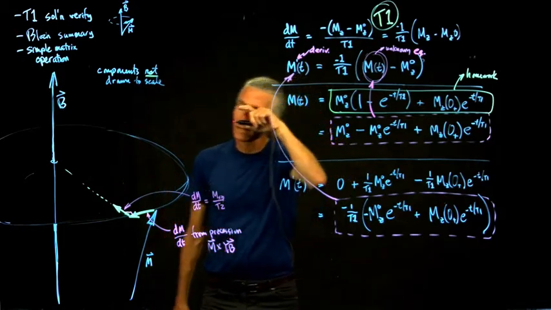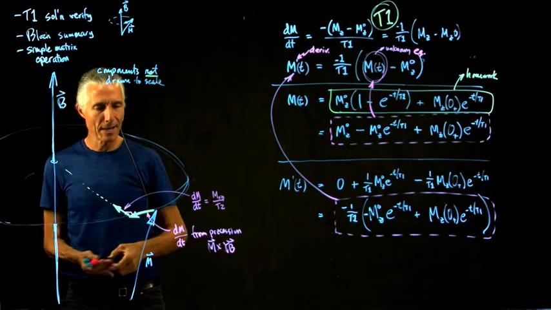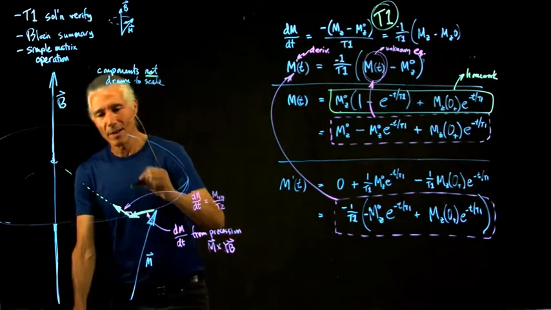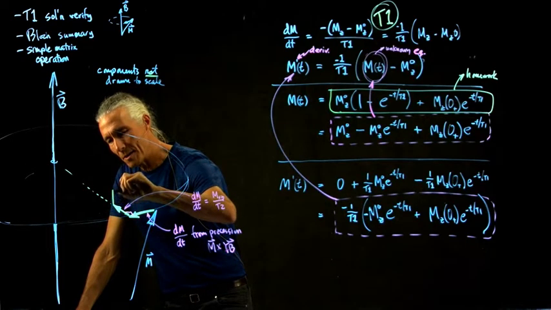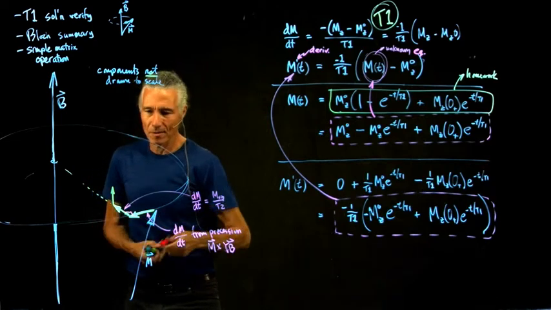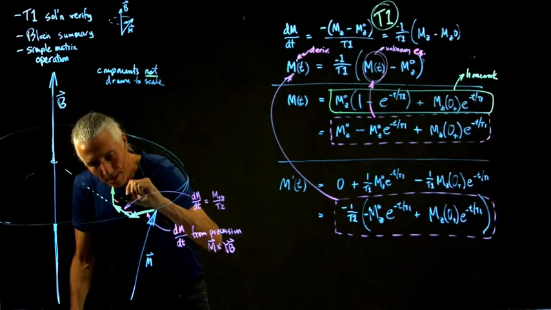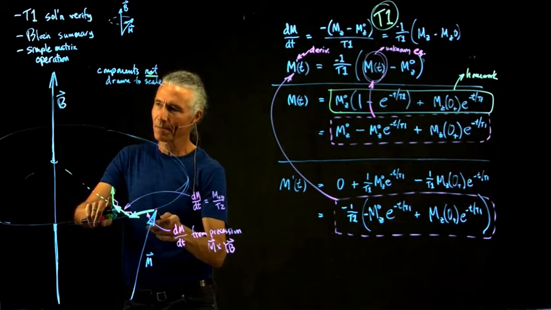So that's the T2 decay that's getting tacked on to the vector. And then last but not least, we have another vector that's perpendicular to both of those two. So that vector is perpendicular to this one, but it's also perpendicular to this one right here.